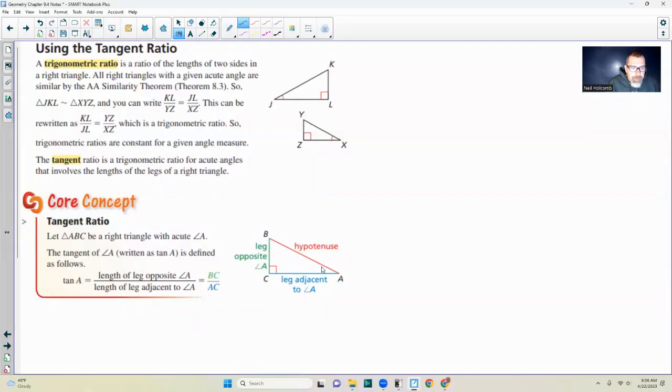In this example, they're giving us this angle here. So this is the acute angle we're talking about. If angle A is the acute angle, then the tangent of angle A is defined as follows. Tan A is the opposite leg to angle A over the adjacent leg to angle A. So it's BC over AC. All right, so let's take a look at this tangent.